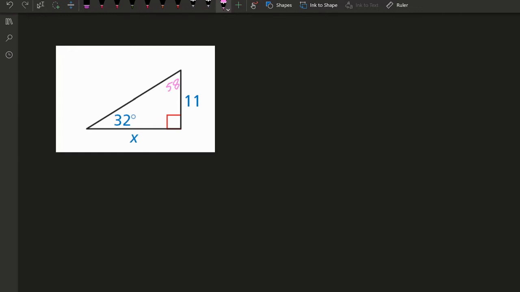So what I'm going to do here is start off by identifying some pieces. Right here I have my angle, so I would say that theta is equal to 32. If I go directly across from theta, I get the opposite, so I know the opposite is 11. And then the adjacent, right here across from the 90, this is the hypotenuse.